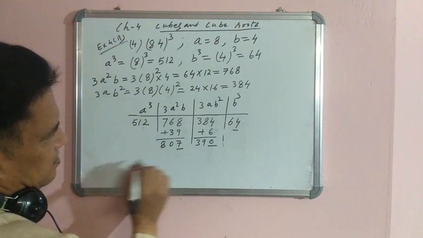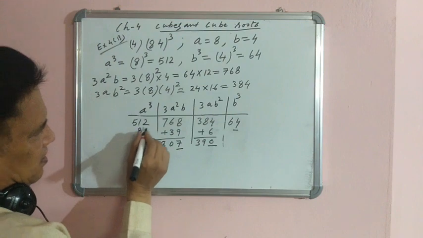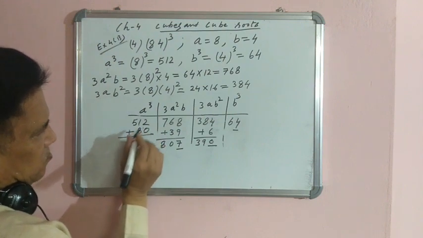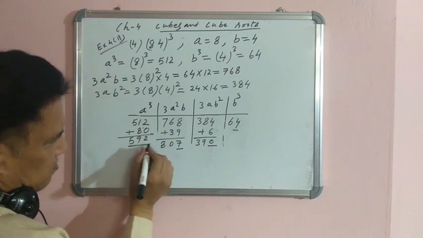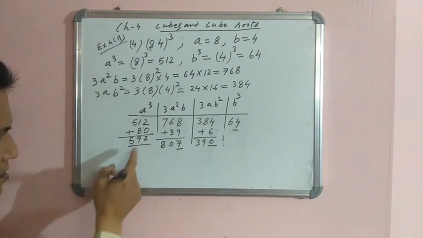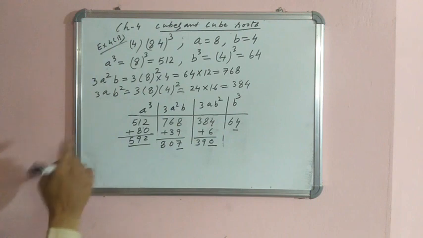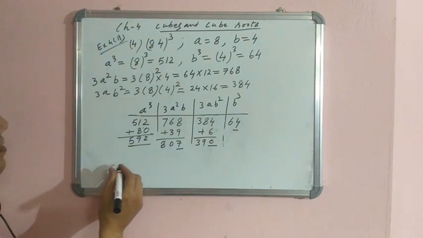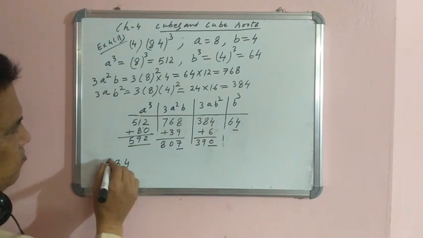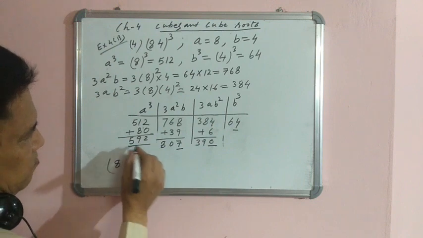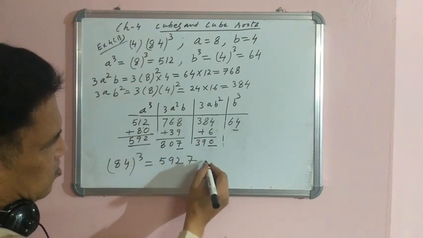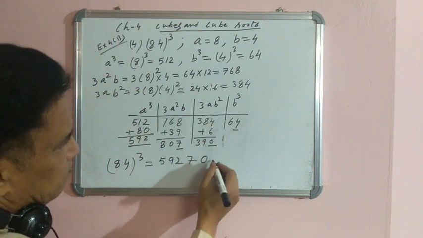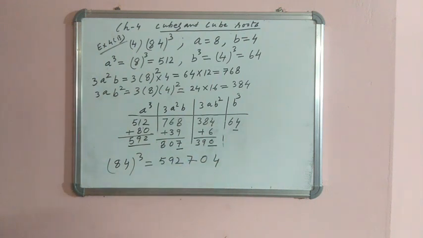We will underline 7 here, 80 will come here. We will add this one, 2, 9, 5. All the three, whatever the digits are there, all the digits will be underlined here in this column. So we are getting 84 whole cube, that is equal to 592, 7, then 0, then 4. So we have got the answer 592,704.